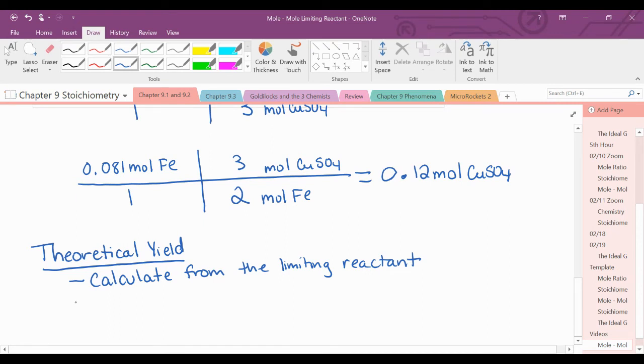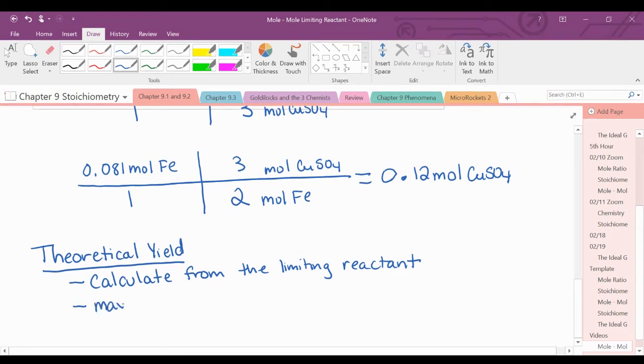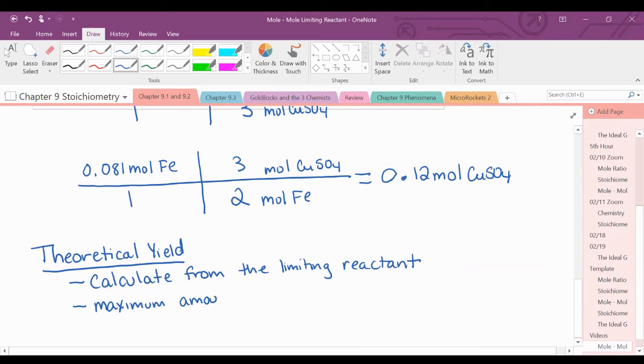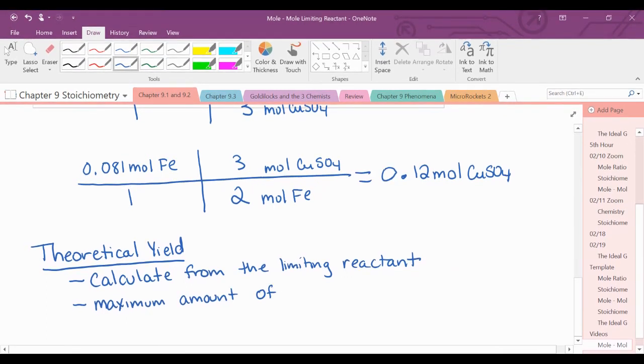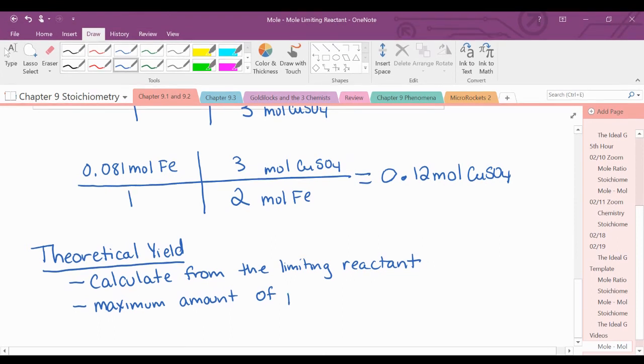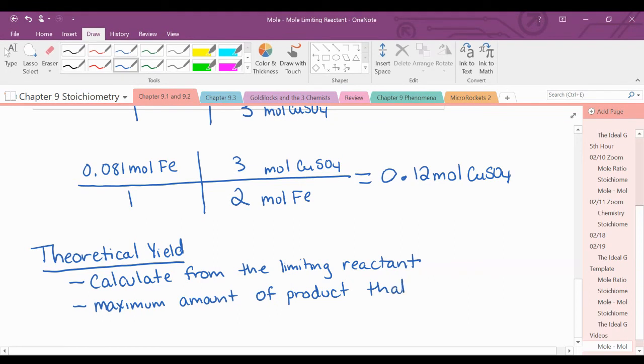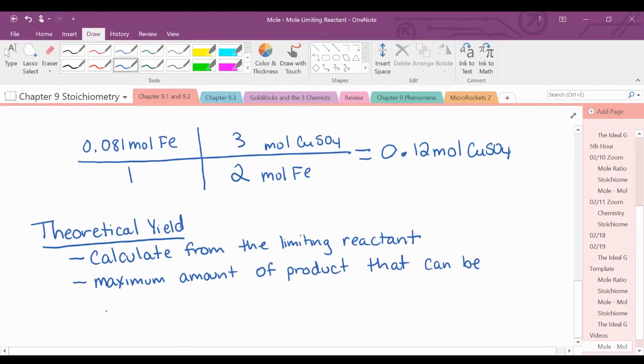The theoretical yield is the maximum amount of product that can be produced for a given reaction.